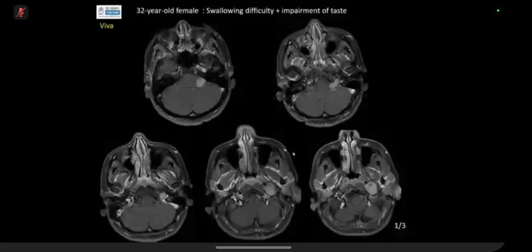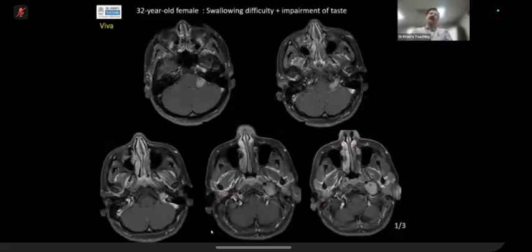So it seems to be in continuation with where you would find the IJV. So I think it's where the vessel would exit the foramen. So I think the left IJV is occupying the left jugular foramen. Excellent.